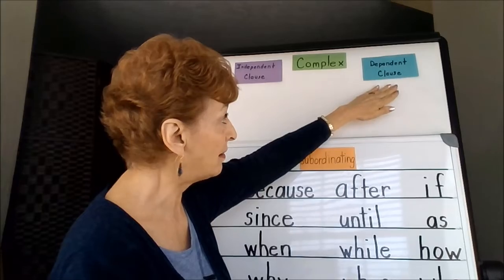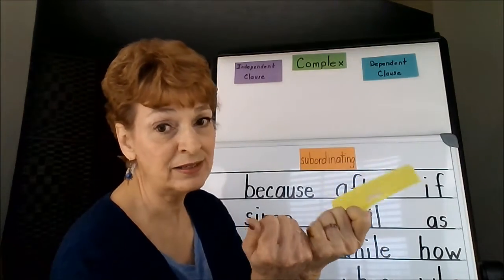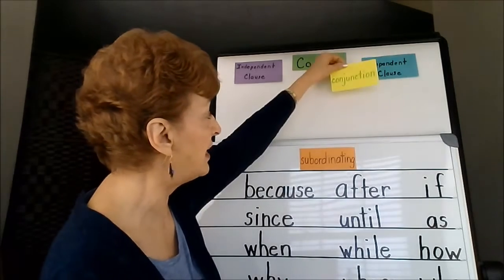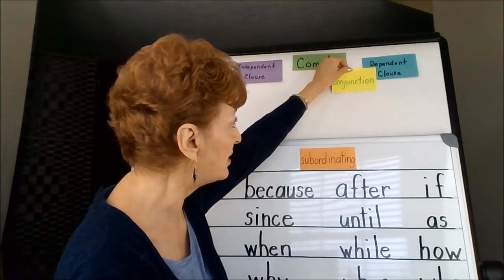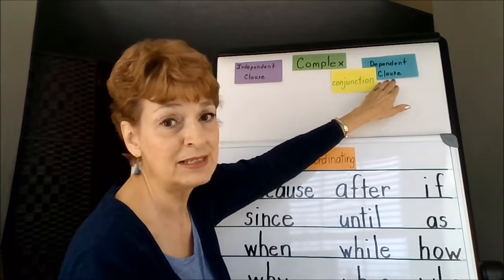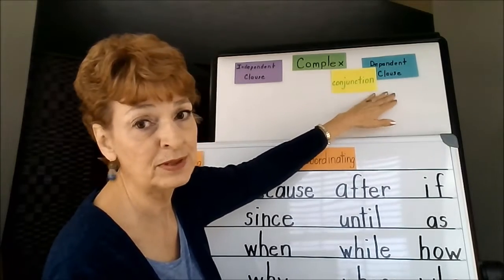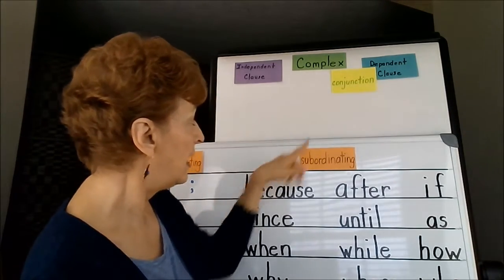The dependent clause also has to be joined to the independent clause, and it's done using another conjunction. This time the conjunction is actually part of the dependent clause, so we're going to count it in there as we're finding the dependent clause.